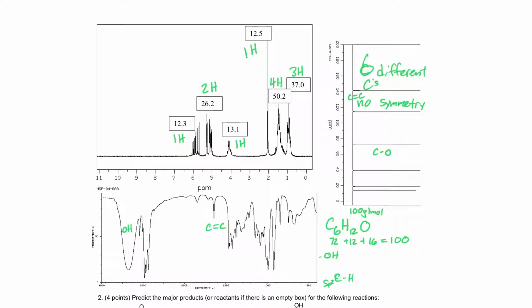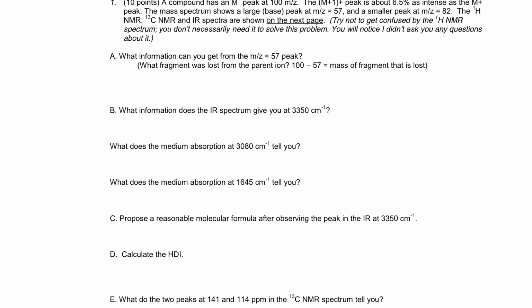So let's go back to the page with questions and answer the rest of them. What information does the IR spectrum give you at 3350? That was the very broad hump, the OH stretch. The medium absorption at 3080, actually it's the CH stretch here, so let's be a little more specific.